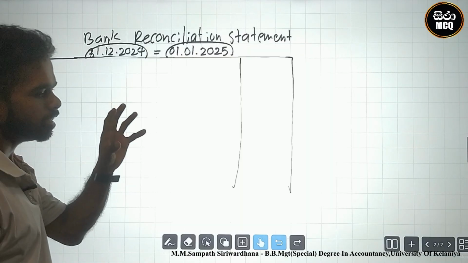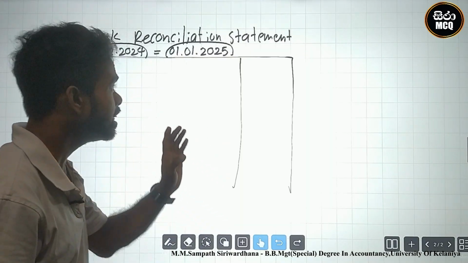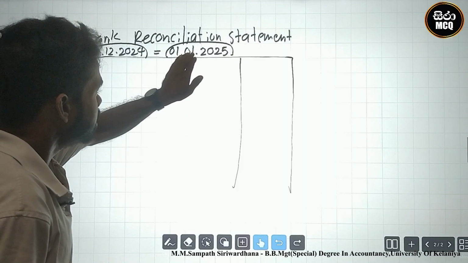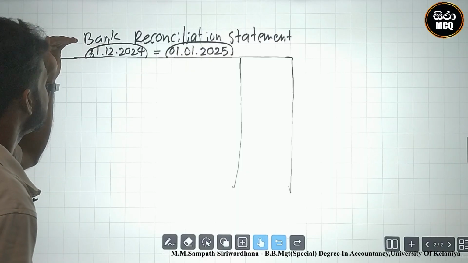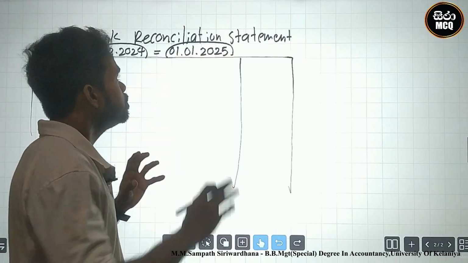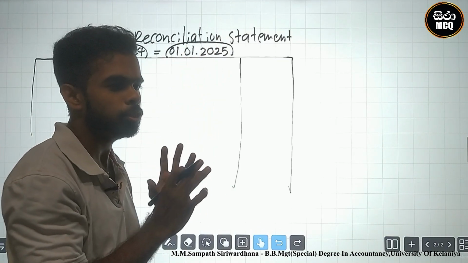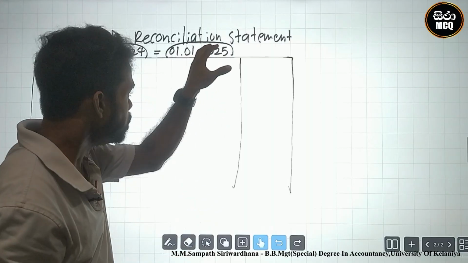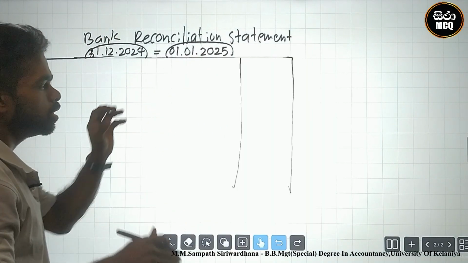Why? There is a difference between these dates of 1 day. Okay, the opening date is 1st January 2025. The closing date is 31st December 2024. For this bank reconciliation statement, we can use the opening date of January 2025 and the closing date of 2024.